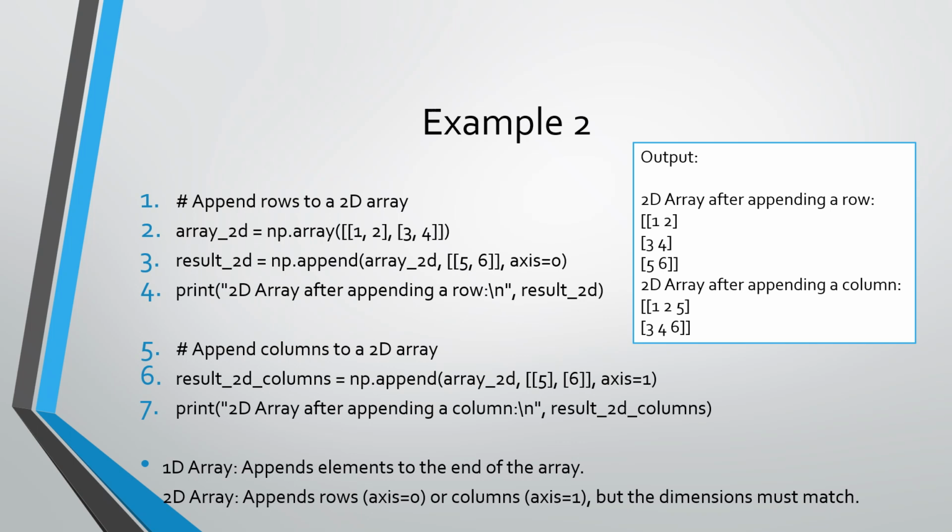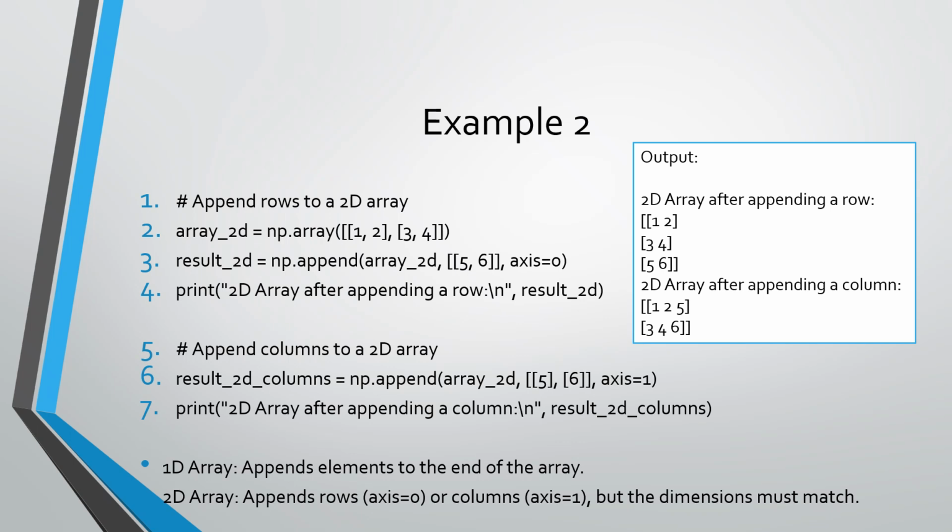Similarly, we can add elements to a 2D array based on column. Here first we have created an array with the given elements 1, 2 and then 3, 4. Now we have to add one more column to it.